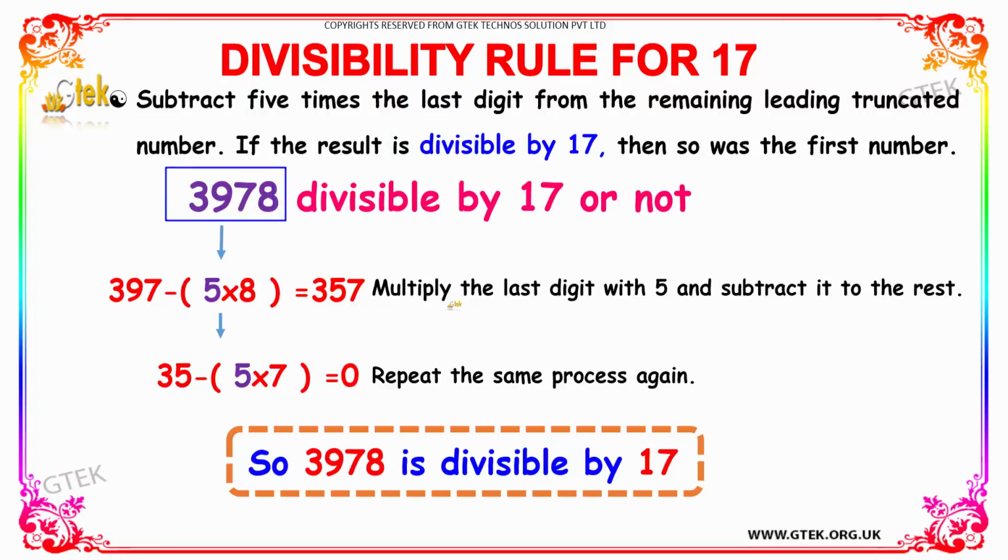You have 3978 as the number, and you have to check whether it is divisible by 17 or not.